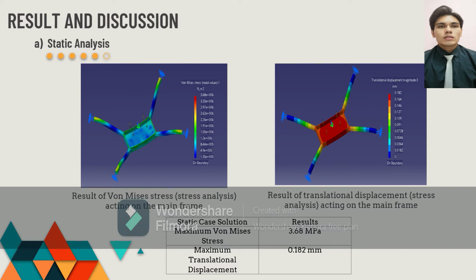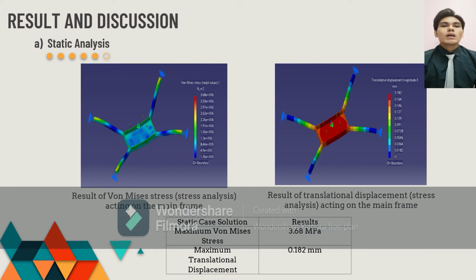The result is from the static analysis that has been done on the mainframe of the drone. On the left side, the result of von Mises stress acting on the mainframe. On the right side is the translational displacement acting on the mainframe. The data have been tabulated in the table below.